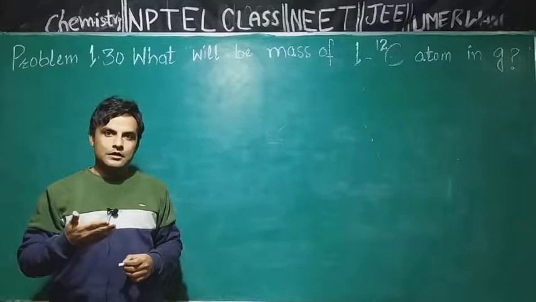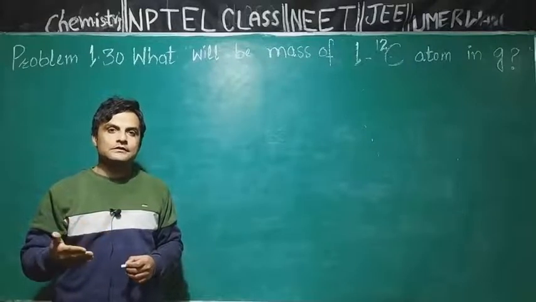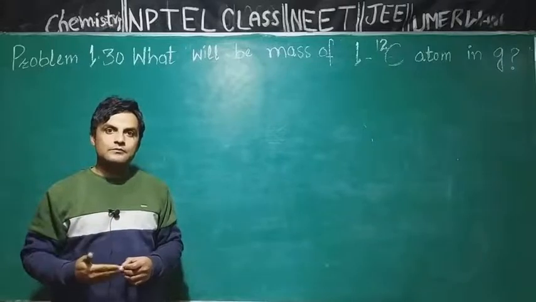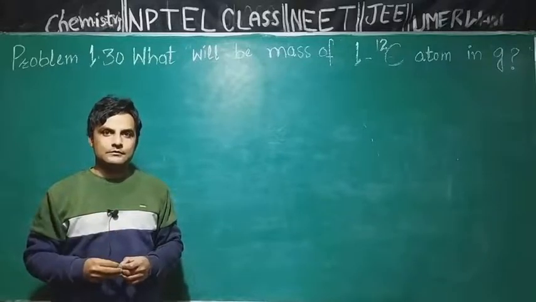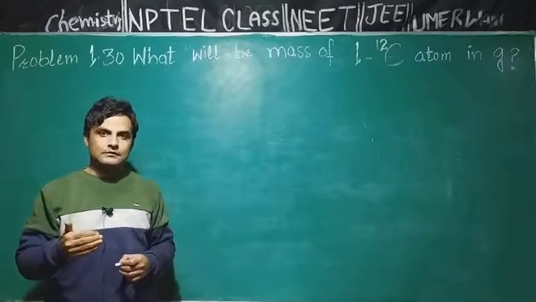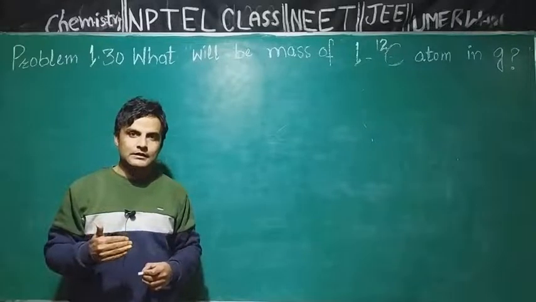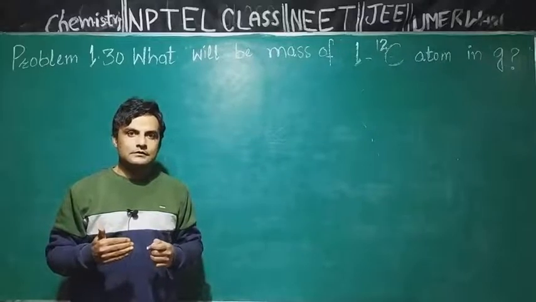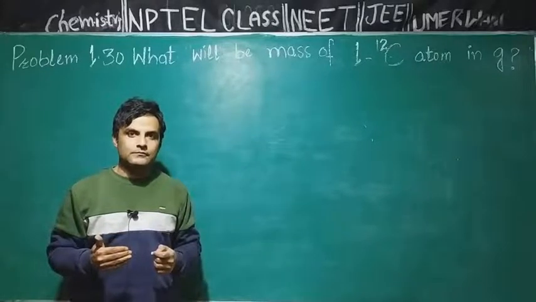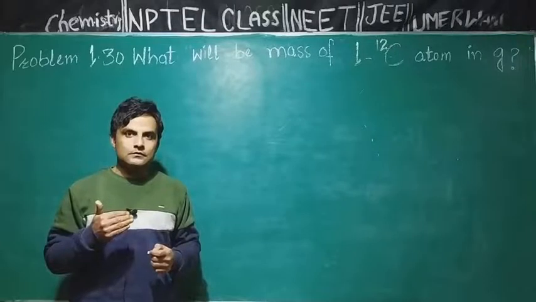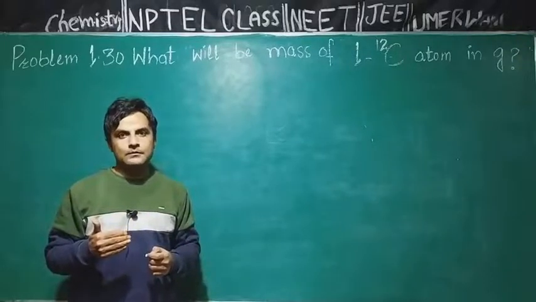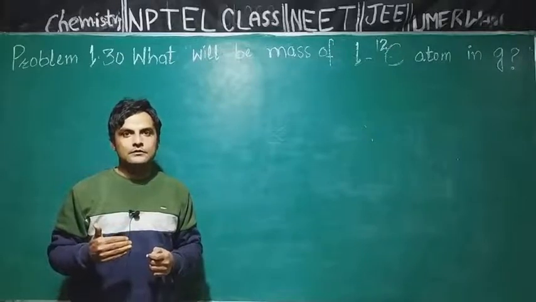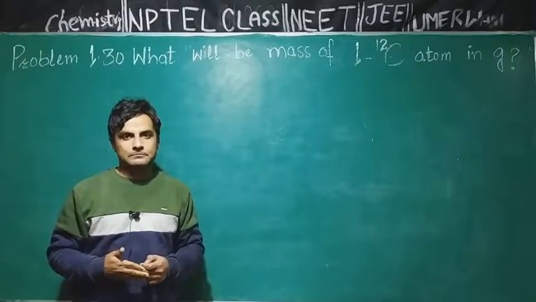I mean, on the atomic mass unit scale, the mass of one atom of sodium is 23 units, and fundamentally it conveys the very important information that one atom of sodium is 23 times heavier than the 12th part of a carbon atom.